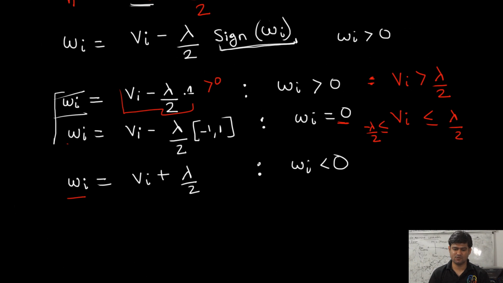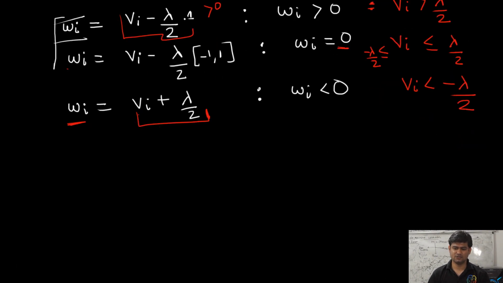We see that Wi is equal to Vi plus lambda by 2 when Wi is less than 0. So this term should be less than 0. So we obtain Wi equal to Vi plus lambda by 2 when Vi is less than negative of lambda by 2.